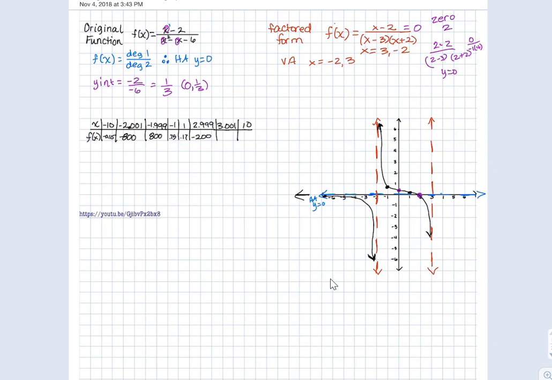Now we just have this last section to graph, so let's plug in 3.001, just approaching that vertical asymptote from the right, and we get a positive 200. So interesting again that they're opposites on each side of that asymptote. So coming from way up high, and then let's plug in the 10 and see what's happening, and we're getting 0.09.